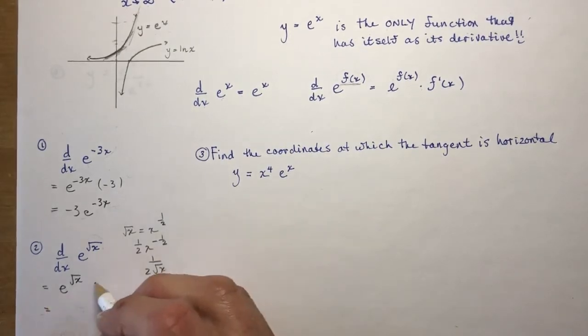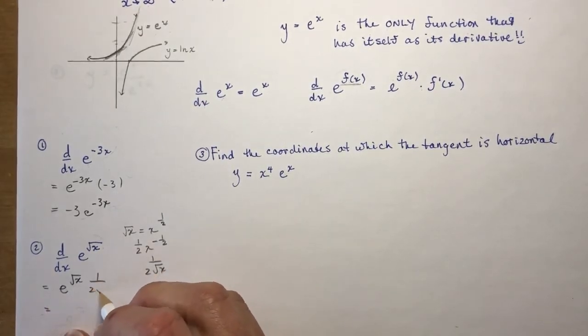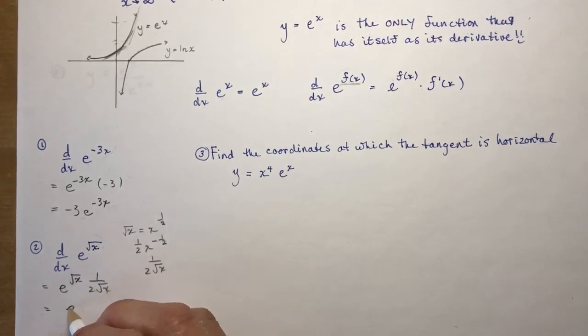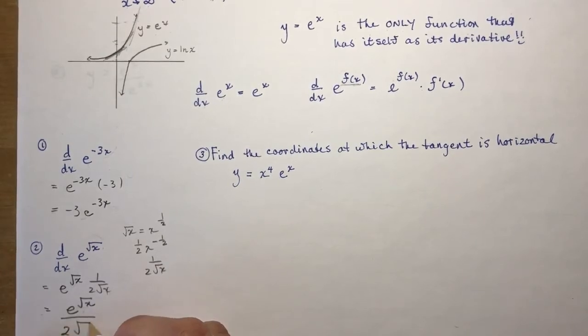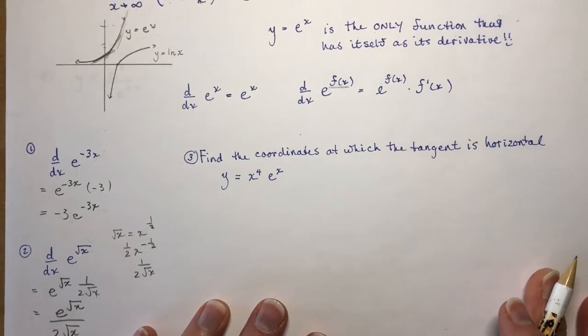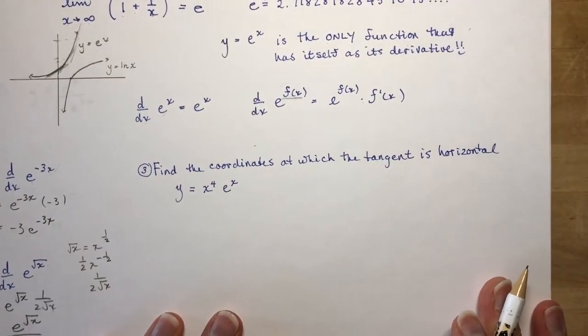So that's going to be 1 over 2 root x. And if you write it out nicely, because you want to make it pretty, you would get this for your answer.